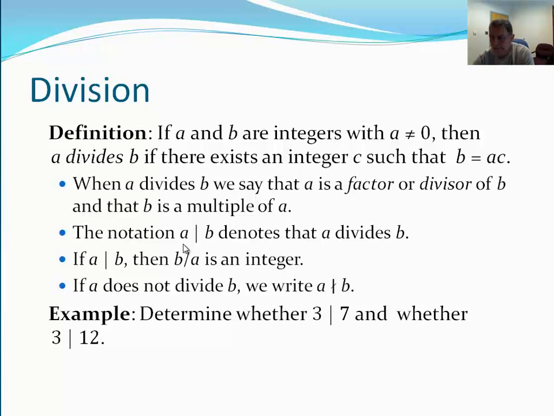Basically what we are saying, for example, is 10 divided by 5. Here 10 is B, A is 5. It's equal to 2. So we're saying 10 is equal to 2 times 5.